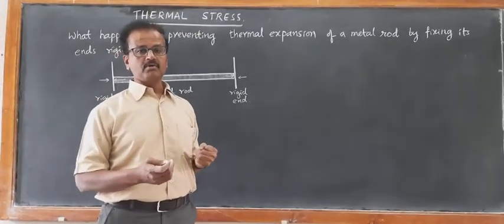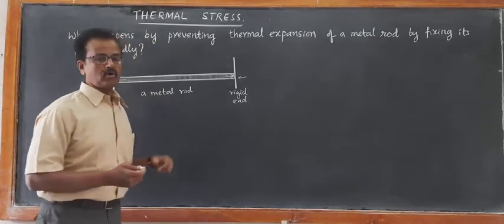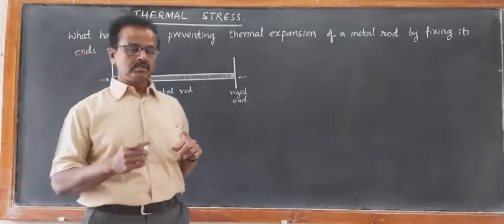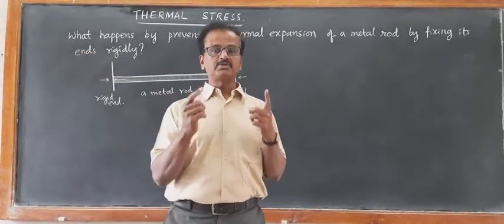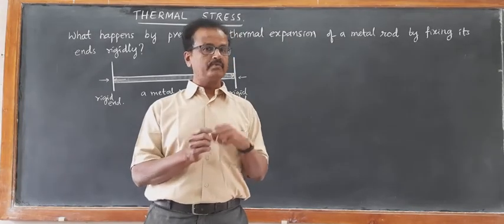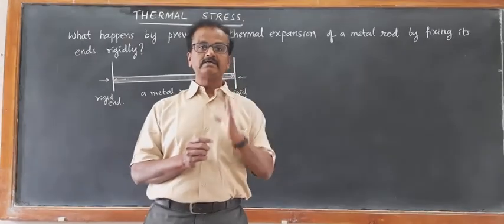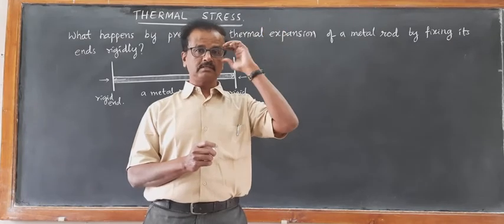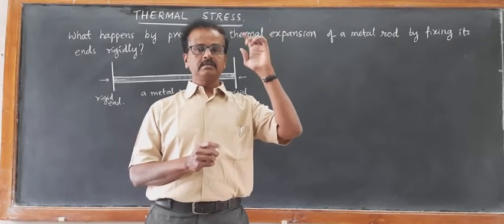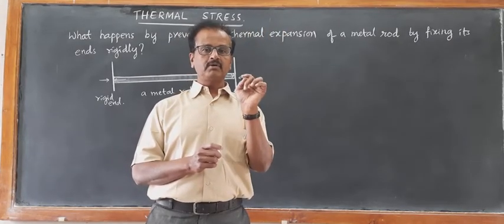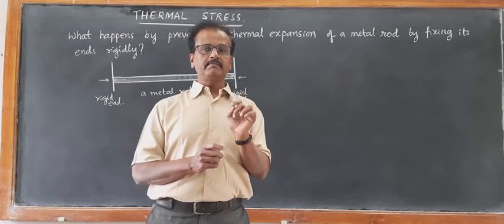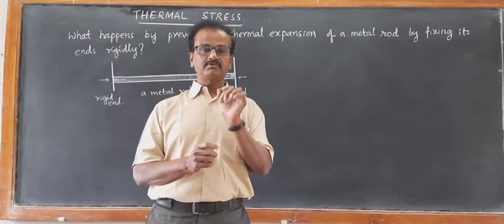As a result of compressive strain, it will have compressive stress. The ratio of compressive stress to compressive strain, we have learned, is Young's modulus. Recall Young's modulus, where we discussed the topic of mechanics of solids.